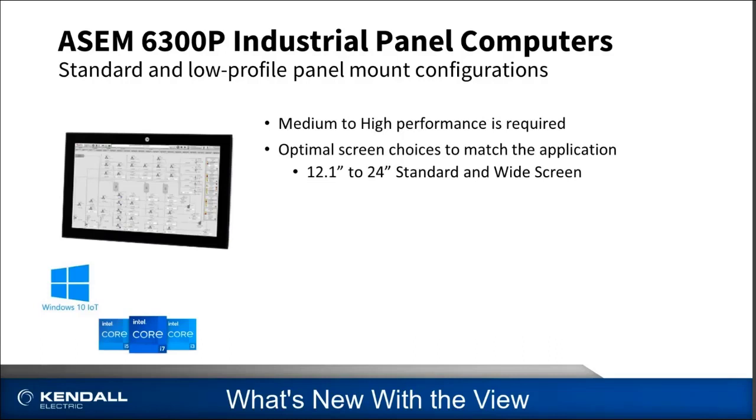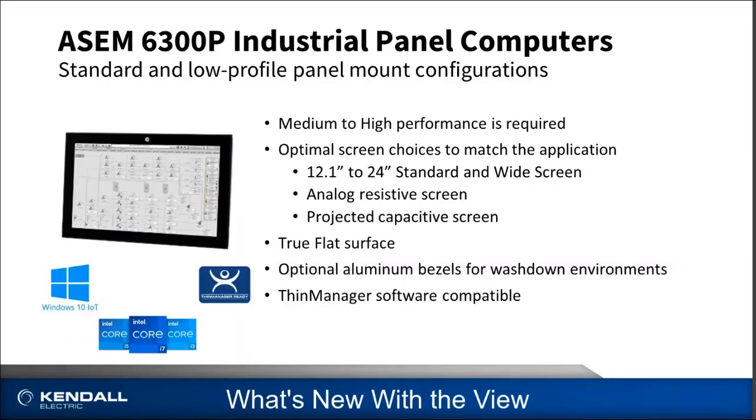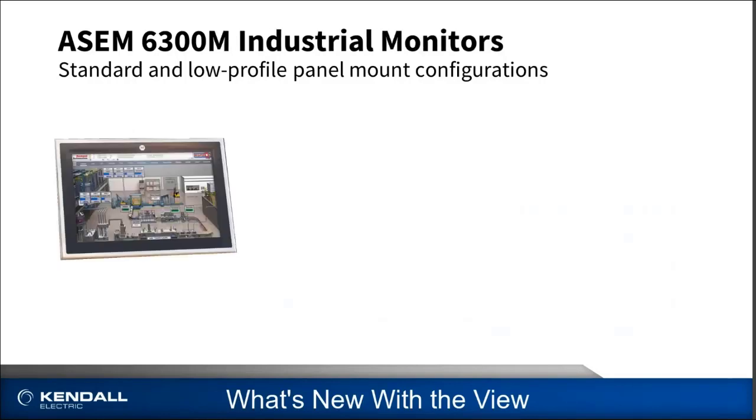These have optimal screen sizes to match your application, ranging from 12 inches all the way up to 24 inches with standard and widescreen aspect ratios. These come with analog resistive screens or projected capacitive screens or PCAP, and even offer true flat surface. These have optional aluminum bezels for your washdown environments, and of course are Thin Manager software compatible.